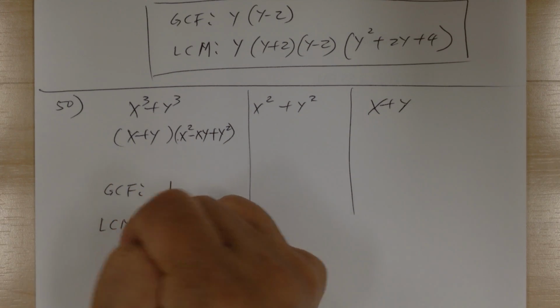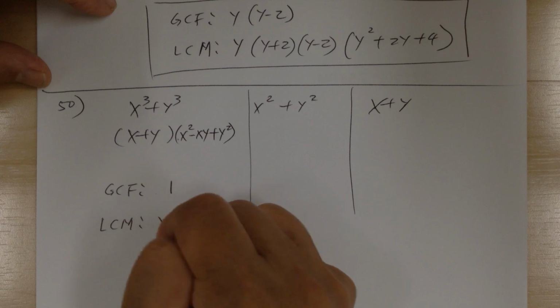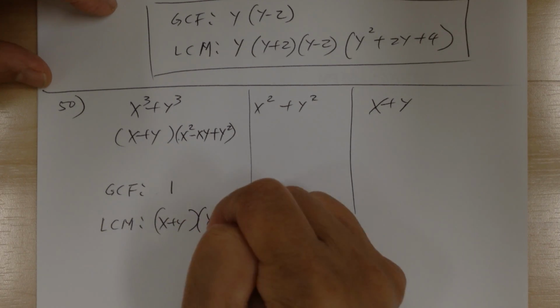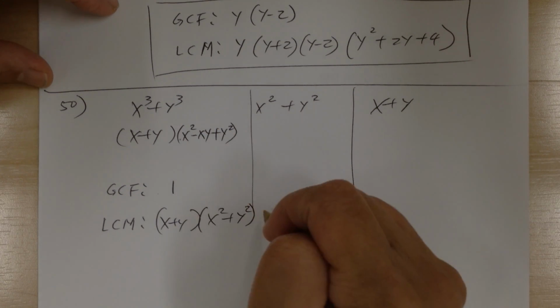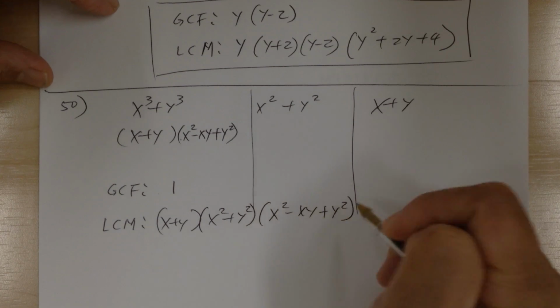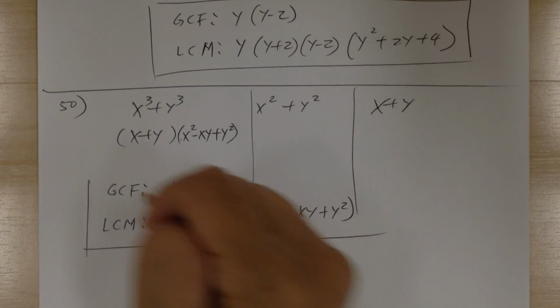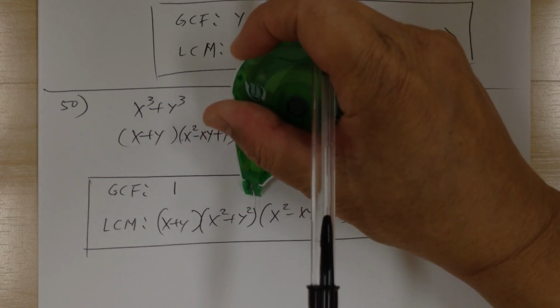LCM, you have to include everything. So you need to have x plus y, and you're going to have x squared plus y squared. So this one, and then this one. Okay, let's make this a little bit nicer.